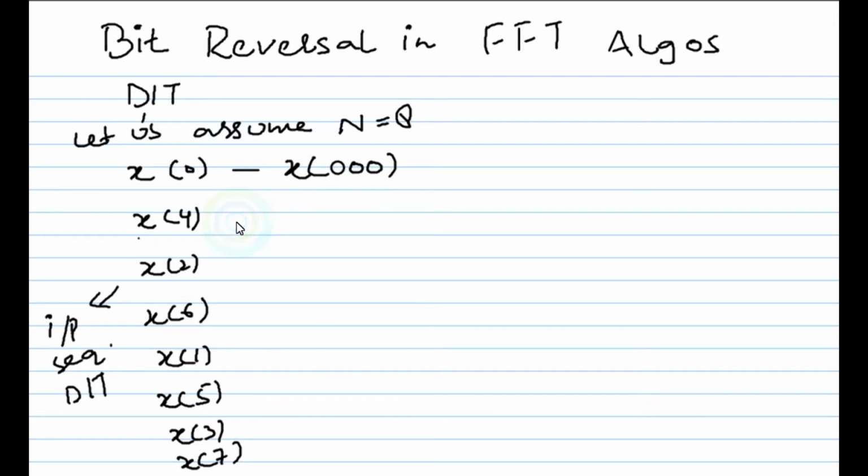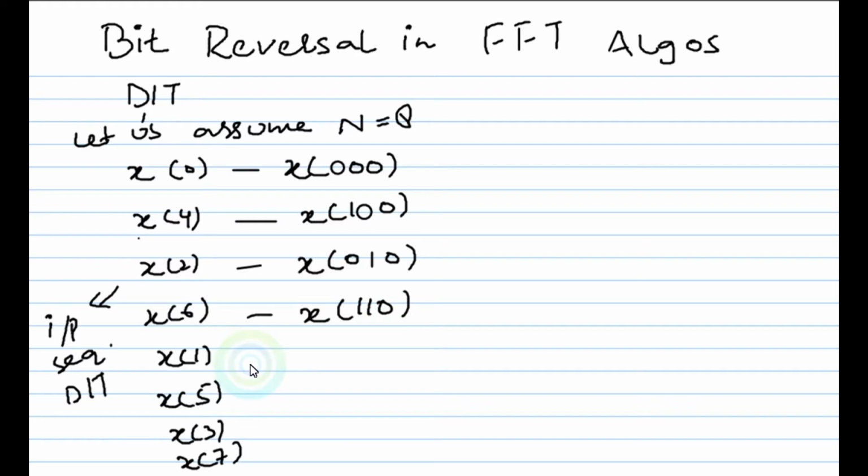Similarly, x of 4 can be represented as x of 1 0 0. x of 2 can be represented as x of 0 1 0. x of 6 as x of 1 1 0. x of 1 as x of 0 0 1. x of 5 as 1 0 1.